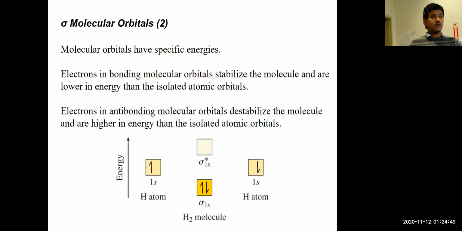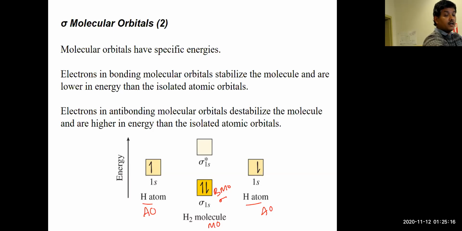This is how it would look. So you have two hydrogen atoms. Each one of them has one electron in 1s, and the two individual hydrogen atomic orbitals form a total of two molecular orbitals. So these are the molecular orbitals. The one that is lower in energy is the bonding molecular orbital, which we label sigma.